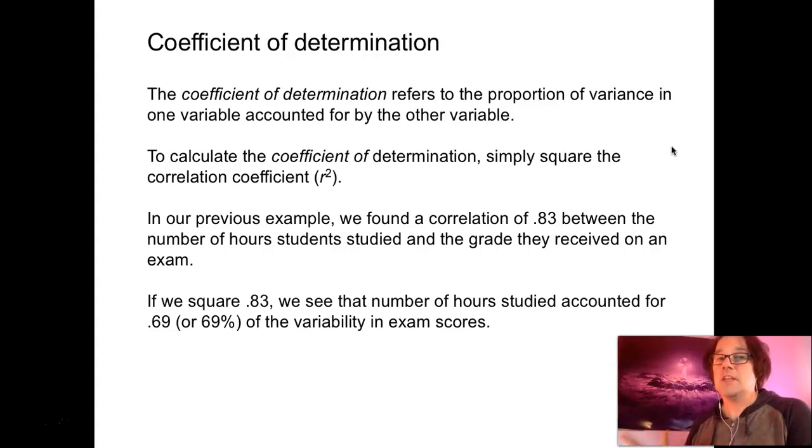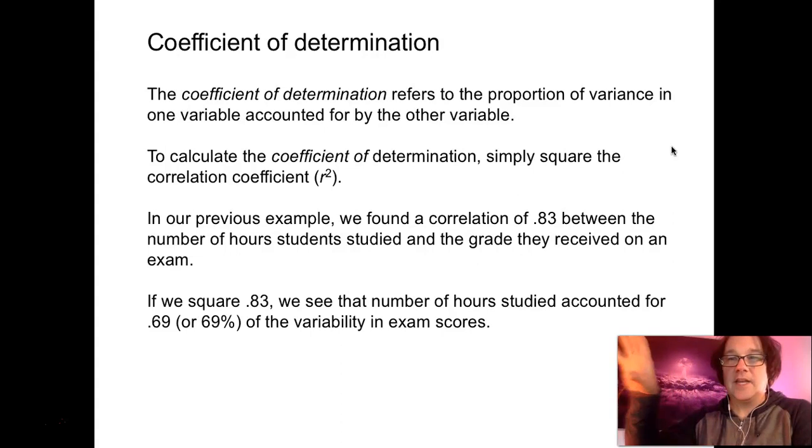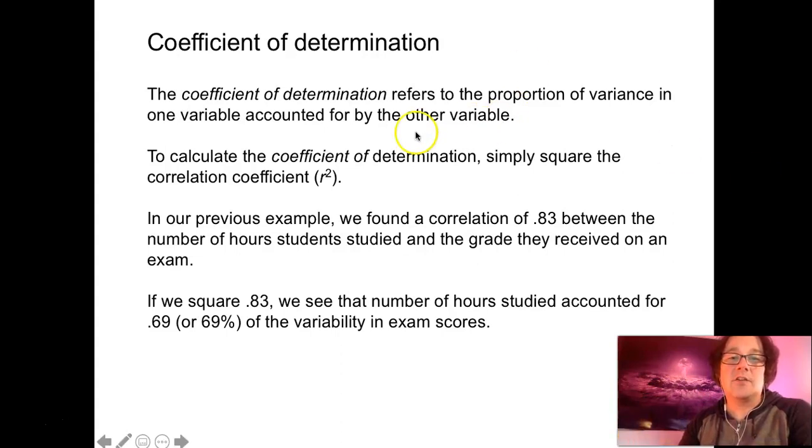But in this case, at least we're able to know how much one variable can explain the differences of another variable. That actually helps us in terms of making predictions. When we get to linear regression, we're going to see R squared pop up a lot.